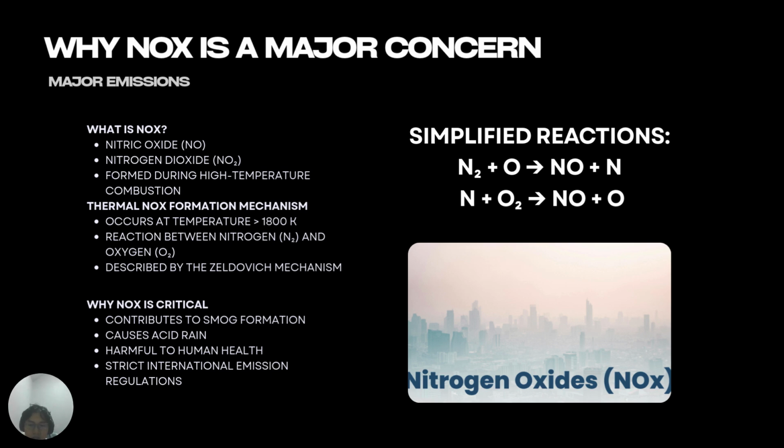This makes NOx formation highly temperature dependent. Therefore, increasing turbine inlet temperature improves efficiency, but simultaneously increases NOx emissions. This trade-off is one of the most critical design challenges in gas turbine combustion systems.